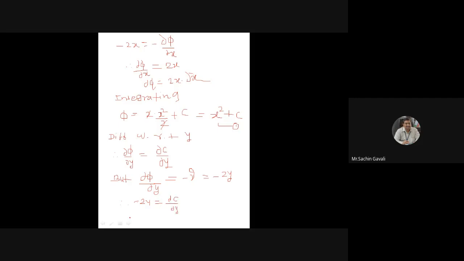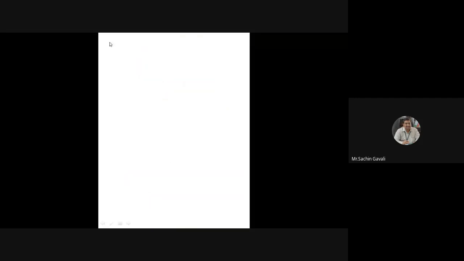Now therefore c is equal to, integrating with respect to y, minus 2 into y square by 2, which is equal to minus y square. Putting this in the equation, this is what we are getting, the expression for phi.